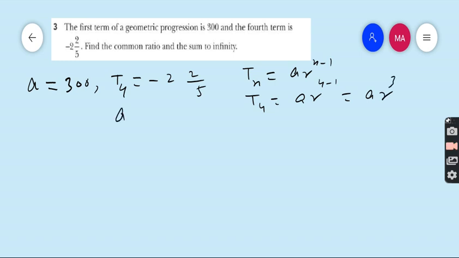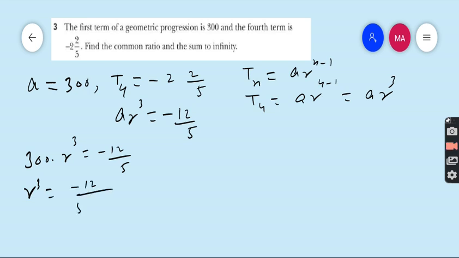So t4 means ar^(4-1), that is ar cubed, which equals minus 2 whole 2 upon 5. That is minus 12 upon 5. Now a is 300, so put 300 into r cubed = minus 12 upon 5. So r cubed = minus 12 upon 300 into 5, which is 1500.